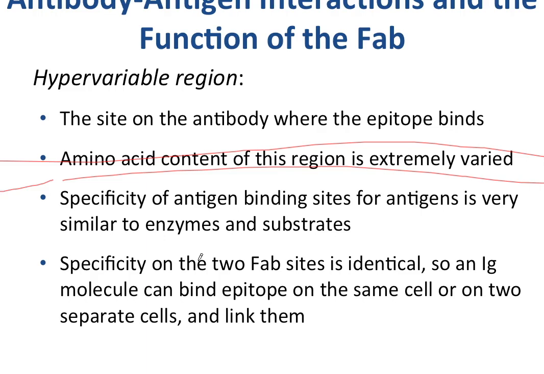There are all kinds of shapes, and one shape is specific for one type of antigen. So this is the specificity of the antibody. The specificity on the two Fab sets is identical.